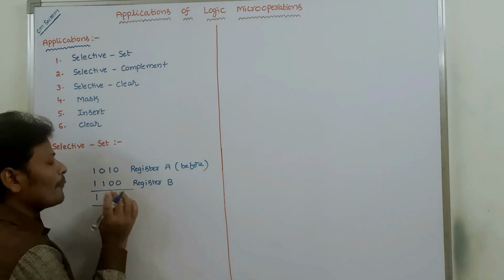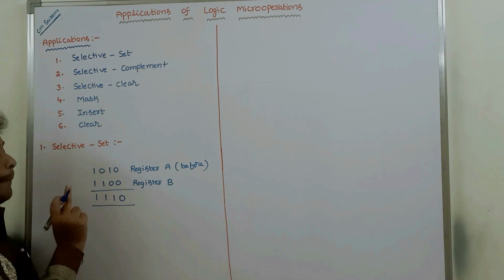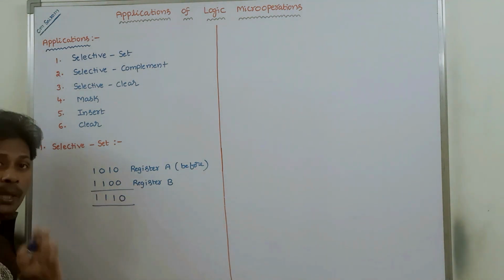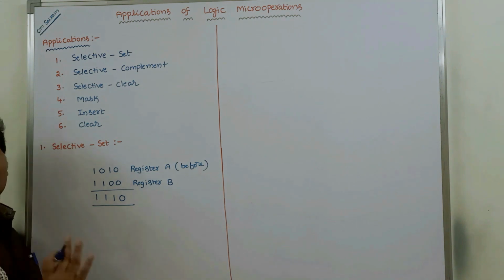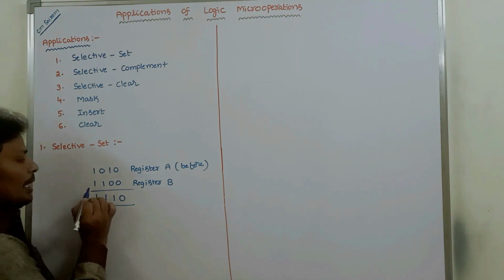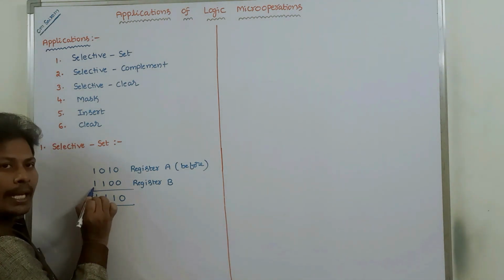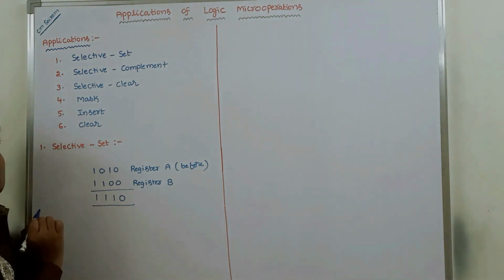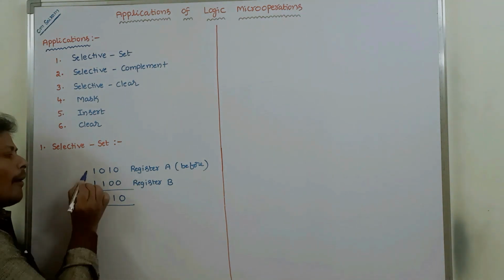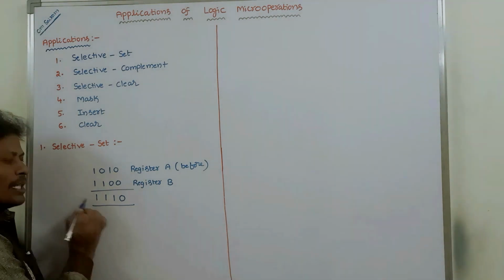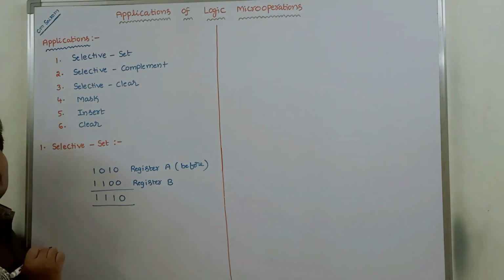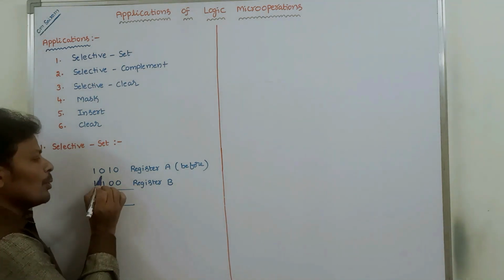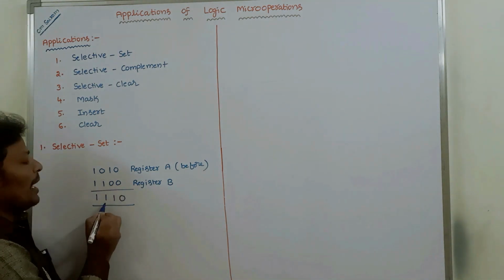Here we have to consider only bit 1 in register B; the corresponding bit in register A can be set. Here 1 is there, and it is already 1 in register A, so there is no change at all. Here 1 is there, and the corresponding bit in register A is 0, so 0 is set to 1.